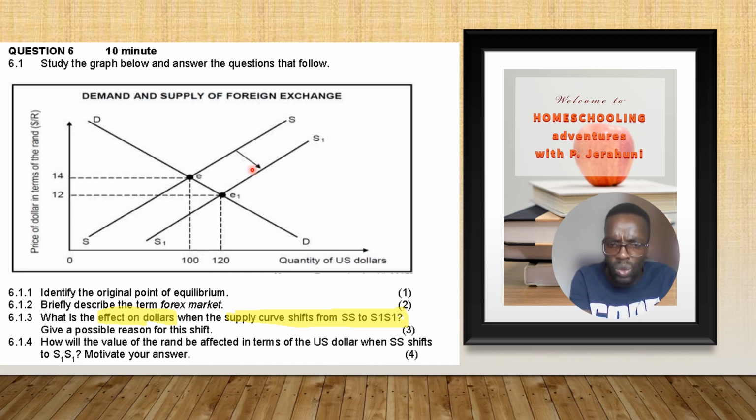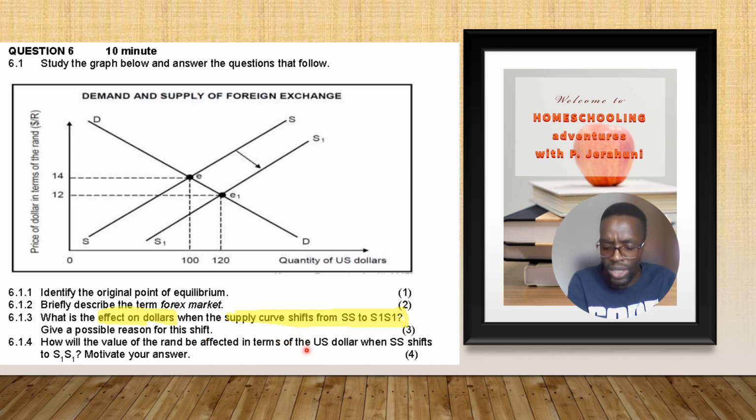What has this increase done? It has resulted in someone in South Africa requiring fewer rands to be able to buy the amount of dollars available on the market. Now the question here is, what is the effect on dollars when the supply curve shifts from SS to S1?